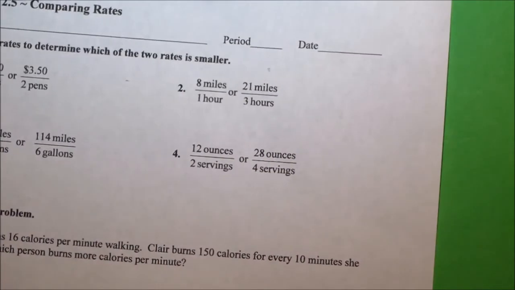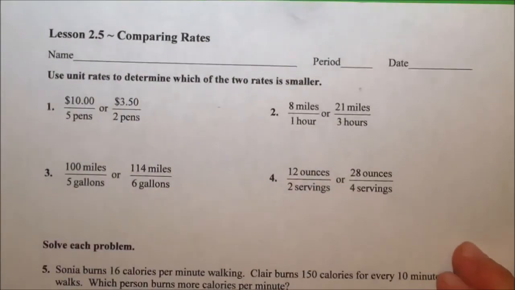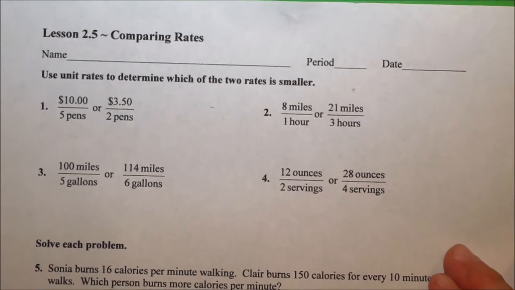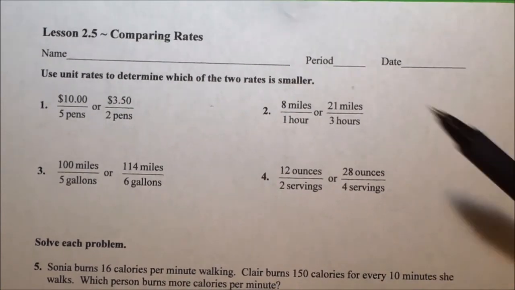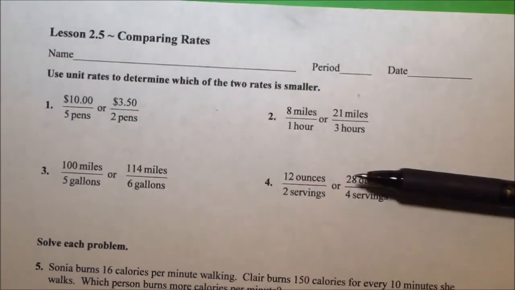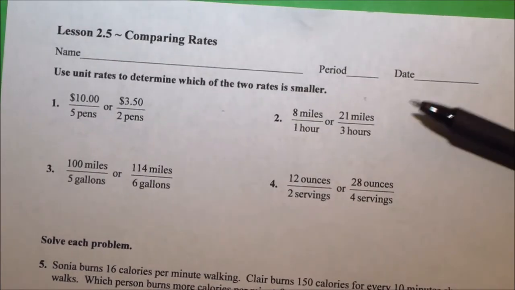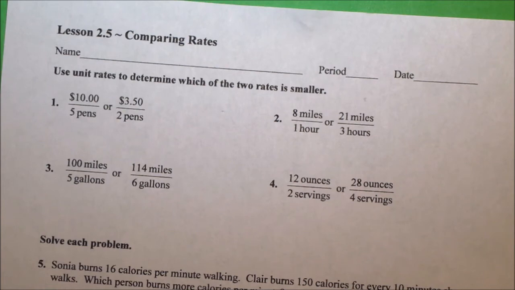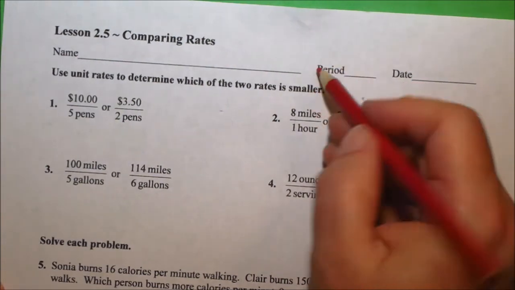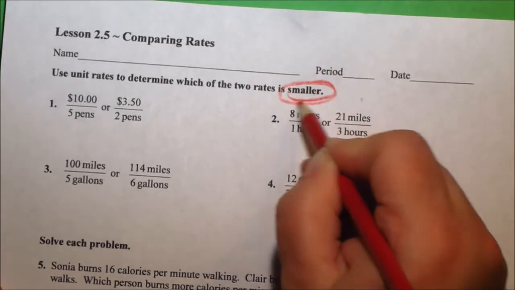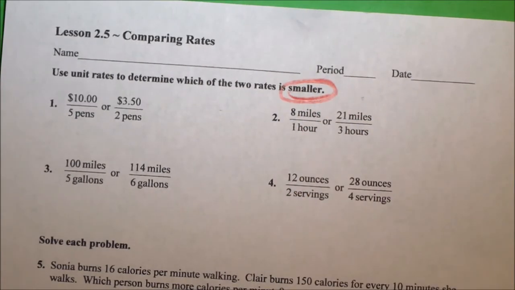All right, so that is your practice problems. Let's take a look at your worksheet for lesson 2.5. Problems 1 through 4 are just very simple. Turn them into unit rates and then compare which of the two is smaller. Remember, they're asking which is smaller, okay?